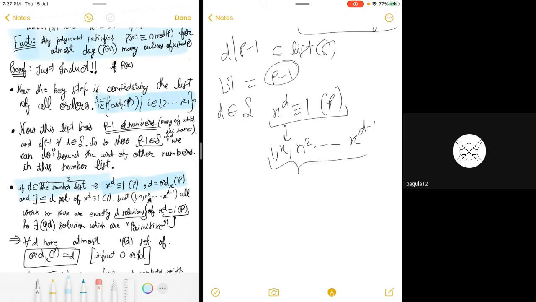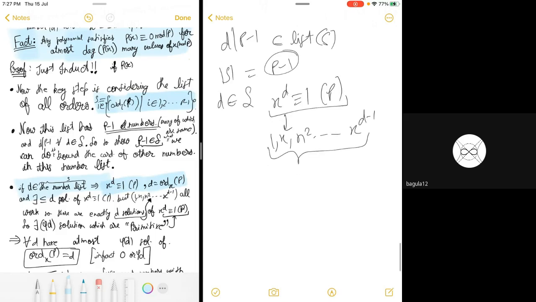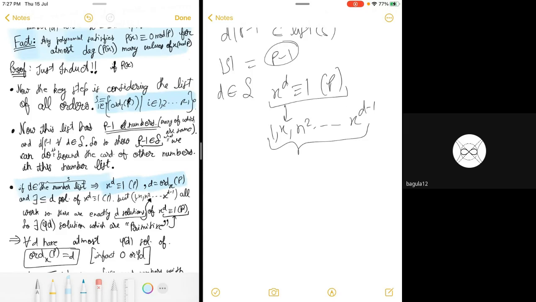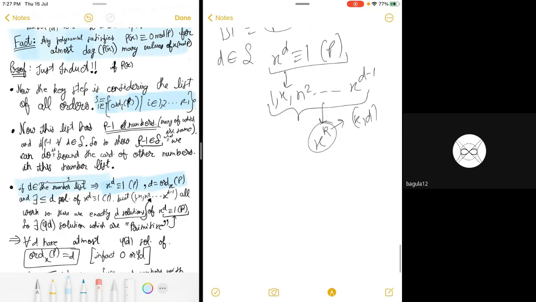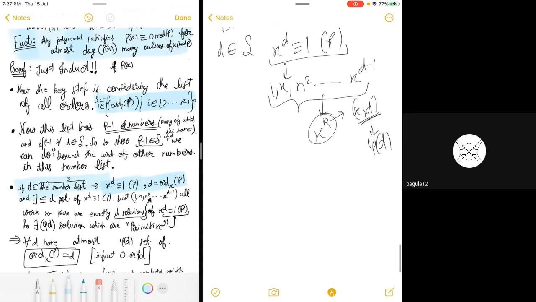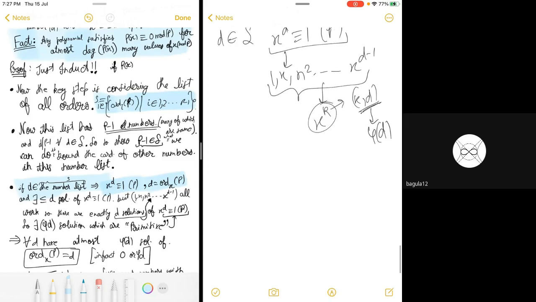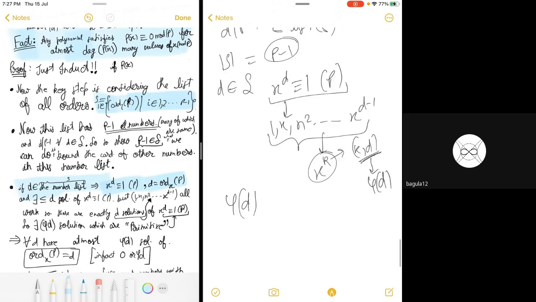Among these, which of them will have order exactly d? Those x to the k for which k and d are coprime. So the number of such values is phi of d, by the definition of phi of d. So there are exactly phi of d solutions with d being the order of x.